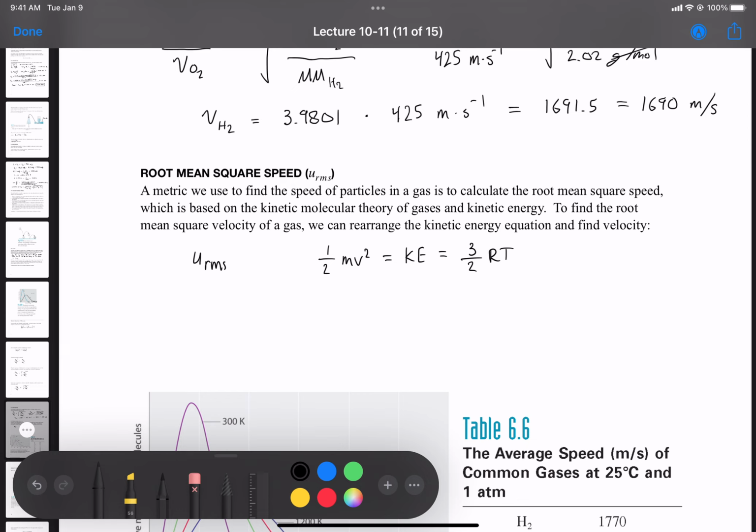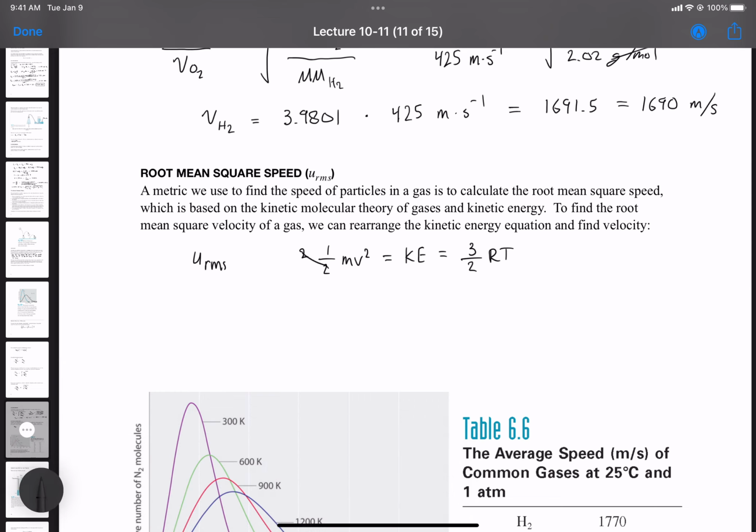So if we multiply both sides by 2, we cancel out the 2 in the denominator, and we get mv squared equals 3RT. Then we divide both sides by m, so we get 3RT over m.